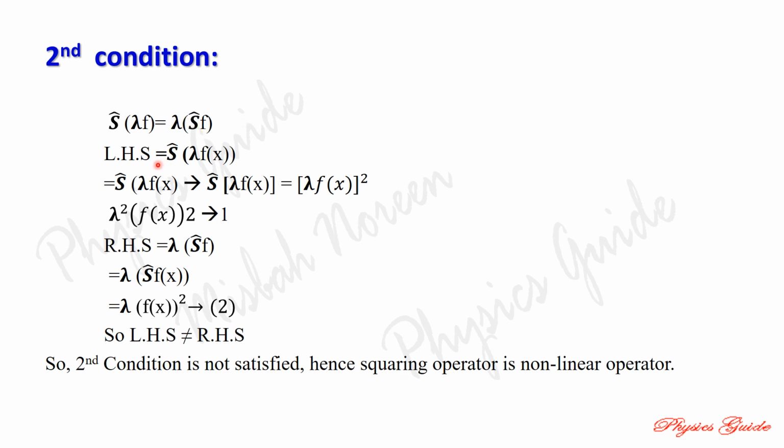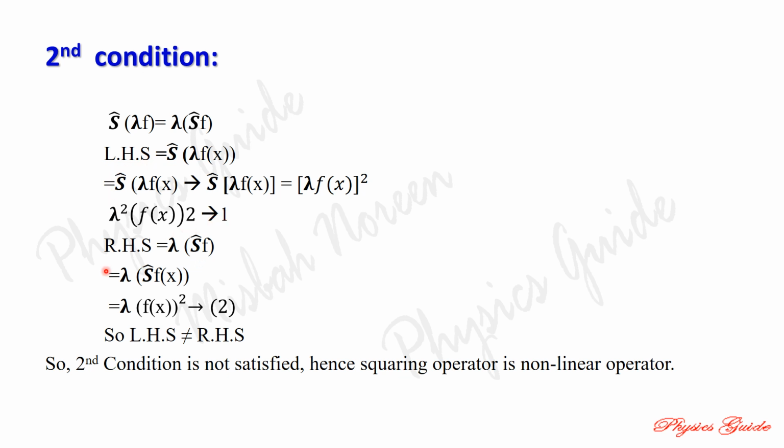So we take the left hand side, which is equal to S into lambda f of x. So S is the scaling operator, which is multiplied by lambda into f of x. According to the given condition, we take the square of this function, lambda into f of x square, which is equal to lambda square f of x square. This is equation 1.